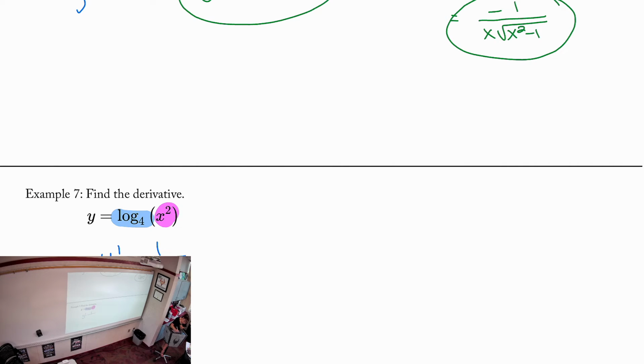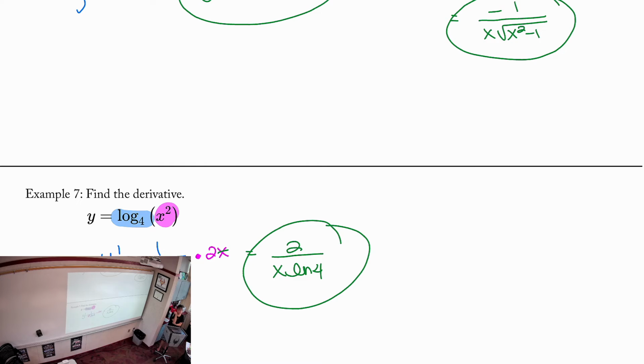So 1 over x, which is your x squared, ln of 4, multiplied by your derivative of x squared, which is 2x. And guess what? An x cancels out. So you're left with 2 over x ln of 4. We simplify it.